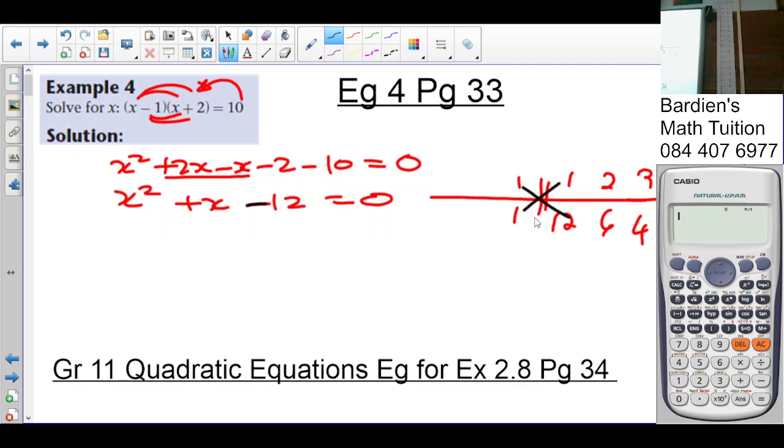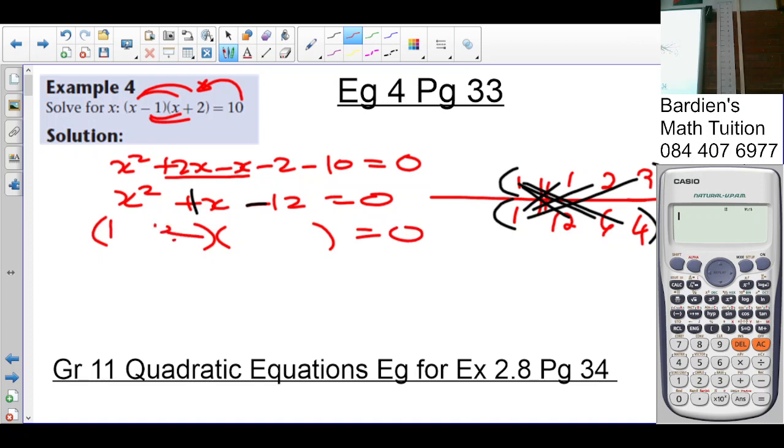What am I looking for? 1. 6 minus 2 is 4. 4 minus 3 is 1. And that's what I want. So in the brackets goes a 1 and a 3, a 1 and a 4.